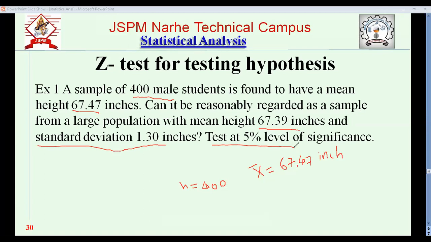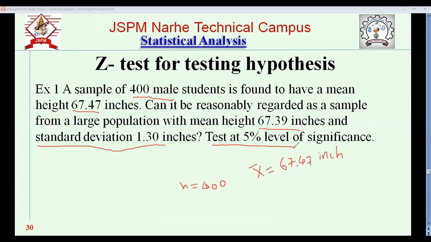When the question asks for 5% level of significance, it means Z is plus minus 1.96, that is minus 1.96 to plus 1.96.